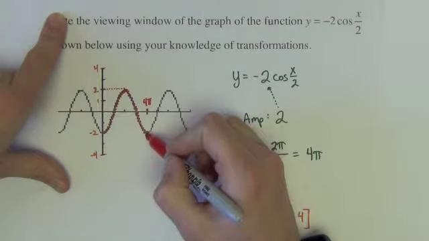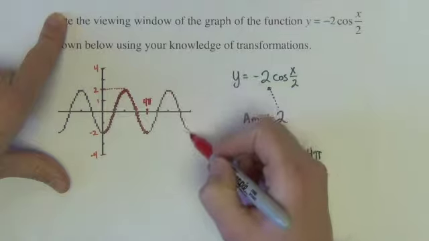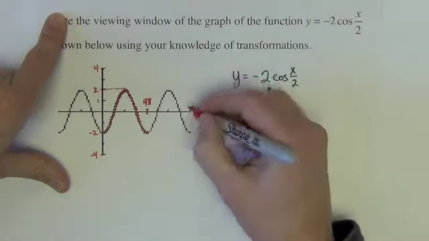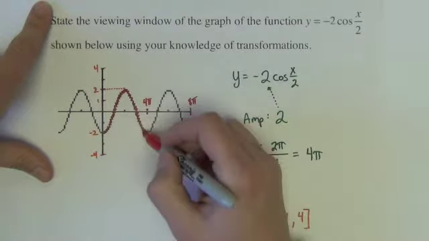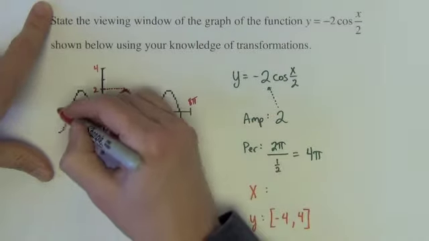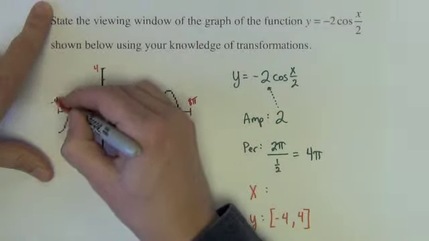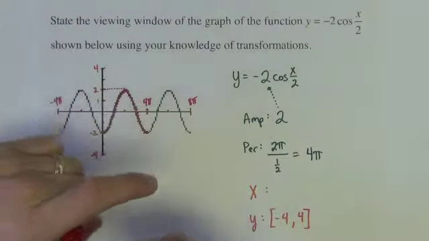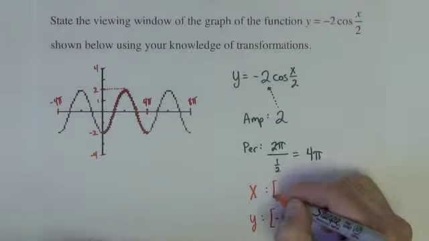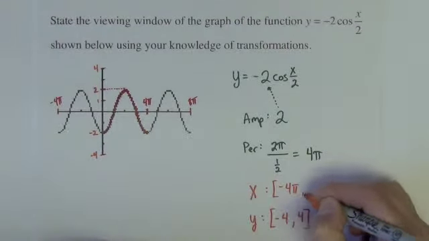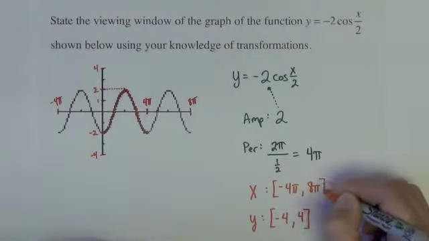After we hit this mark at the bottom, we just see the same exact thing again, which means that's another 4 pi. So that's a total of 8 pi. Now we see this image right here just one time to the left, which makes that -4 pi. So the x-axis viewing window is -4 pi to 8 pi.